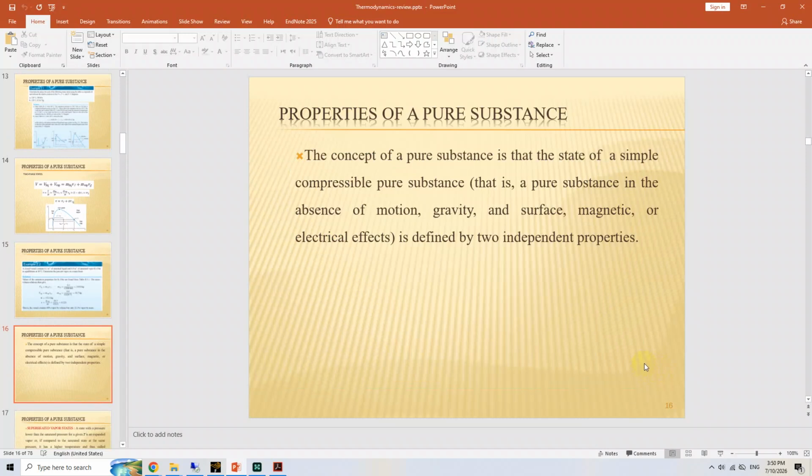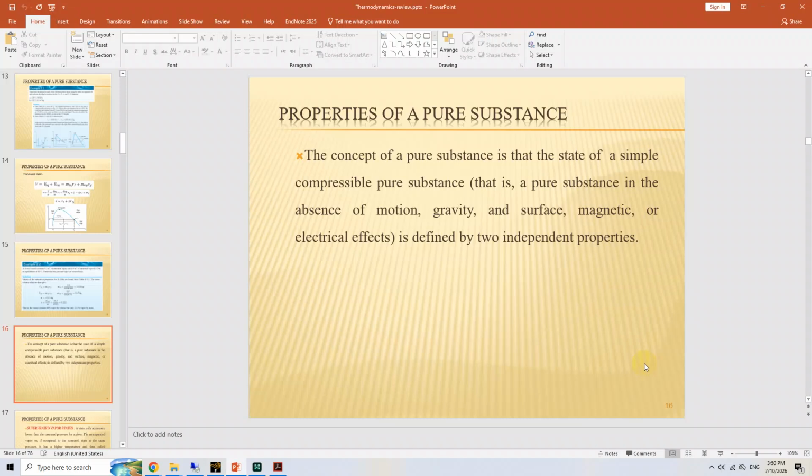The other definition is the concept of a pure substance. A simple compressible pure substance is defined in the absence of motion, gravity, surface forces, magnetic or electrical effects. All these effects can affect the state of the matter.